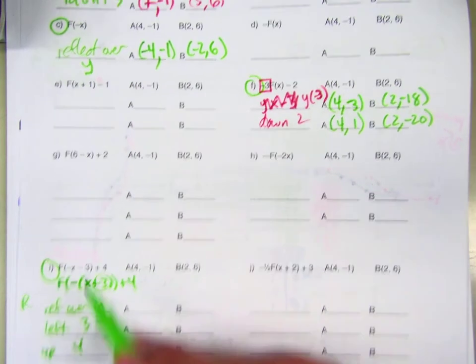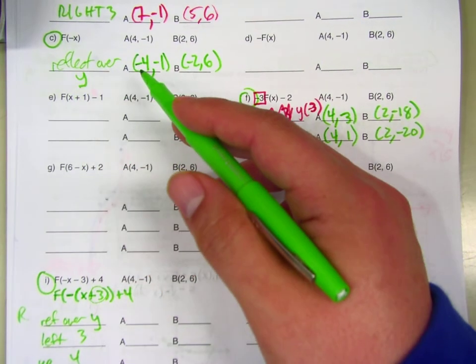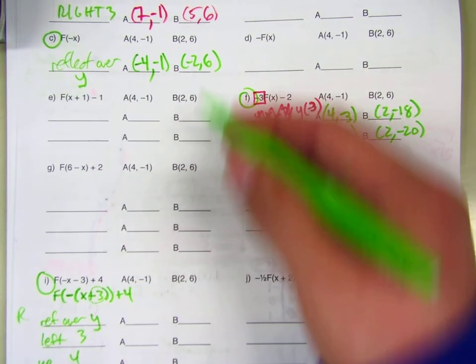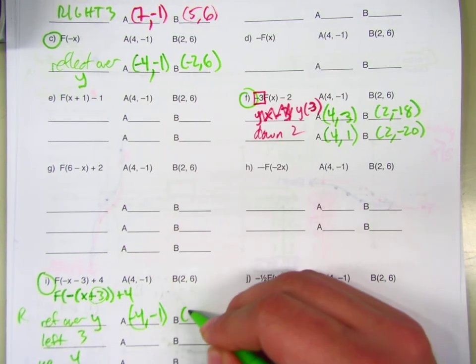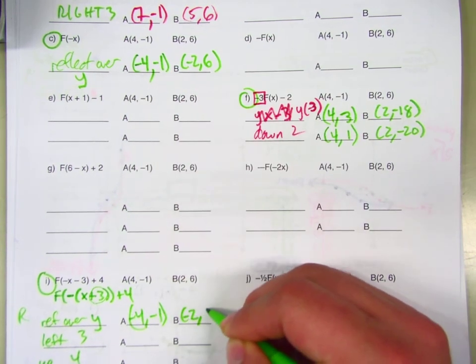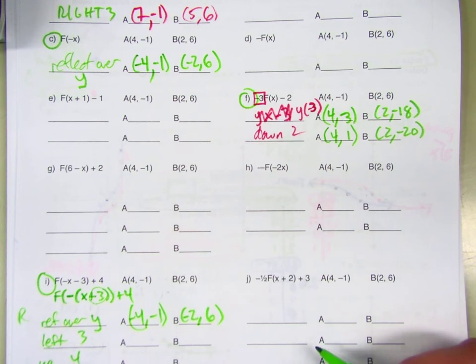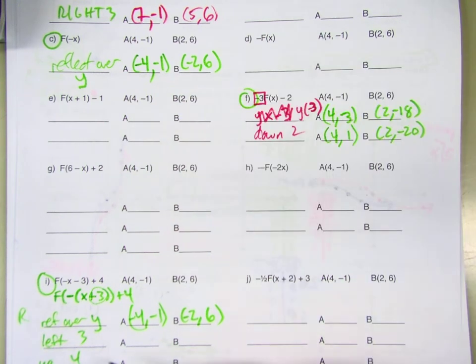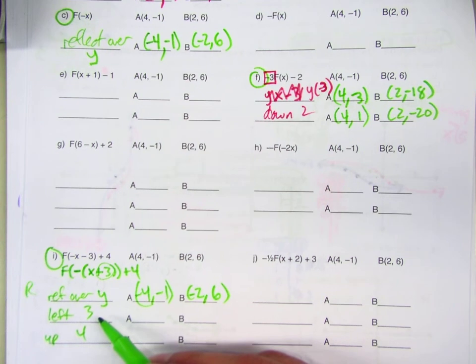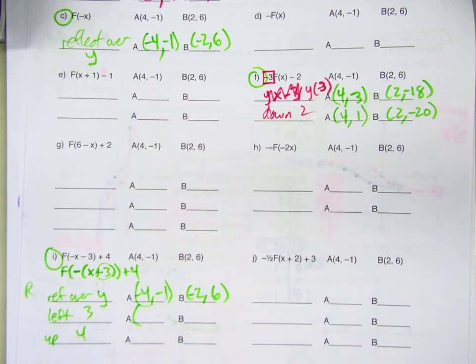Let's go to the last one. Reflect over y. It's kind of like this one. If you remember what's going to happen, you can just copy the points down. It's going to be (-4, -1) and (-2, 6). That's the same maneuver that we did in the second problem. Now we're going to shift left 3. So what coordinate changes? X. And since we're going left, just subtract 3.